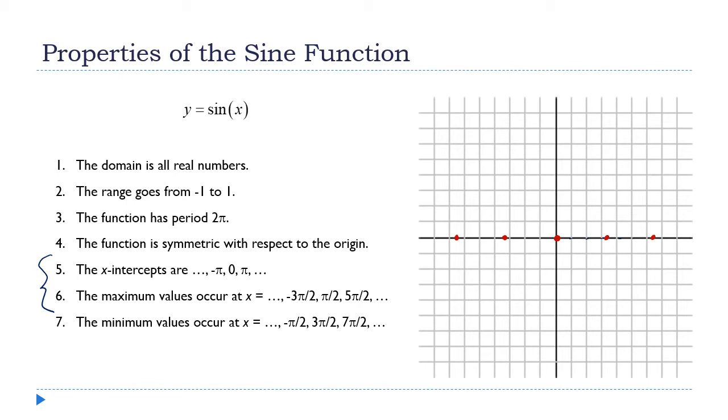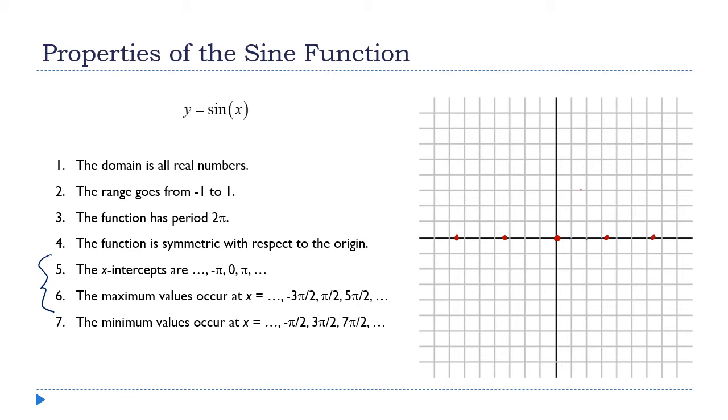Okay, there are my x-intercepts. I know that the maximum values occur at, let's see, where is the sine equal to 1? Well, the sine is going to be equal to 1 at pi over 2. So that is halfway between 0 and pi.